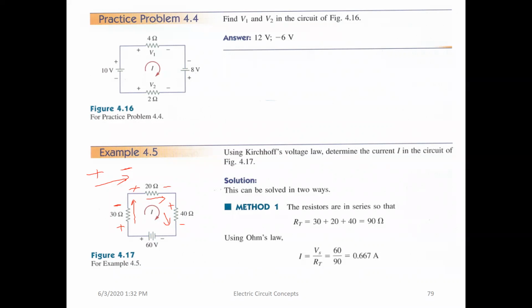So again, current goes from bottom to top. So the bottom one has to be a plus and this one has to be a minus, and the same thing. So for example, let me show you, if we assume the current going this way, then this has to be a plus, this a minus, this has to be a plus, then the minus, because the current is going this way. Now, this one you cannot touch.